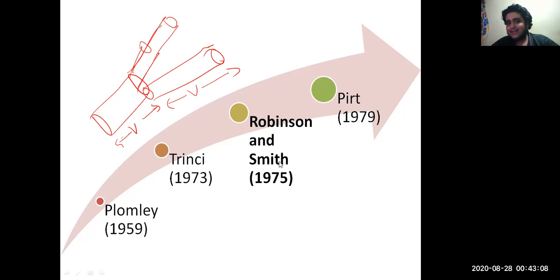And one more beautiful aspect of Robinson and Smith's hypothesis is, now we know that volume can be directly correlated to biomass. Length could not have been done so because we know there is uneven distribution, but volume and biomass can easily be correlated.